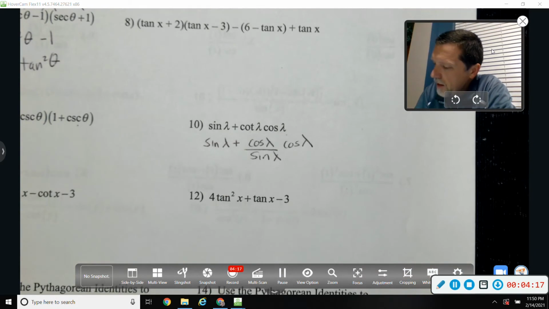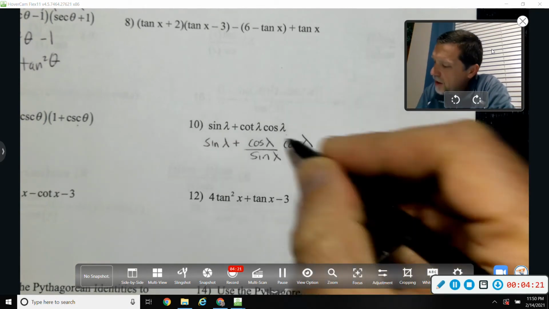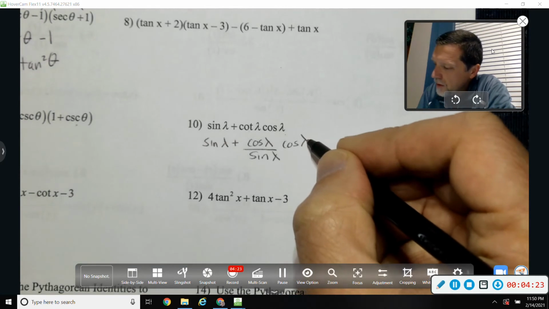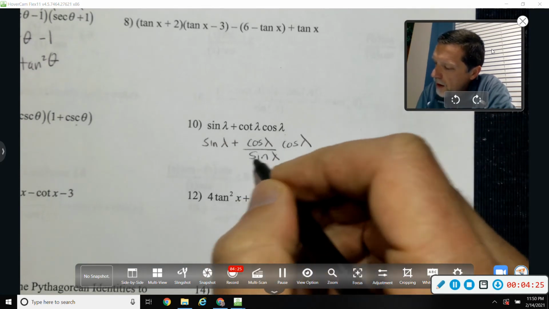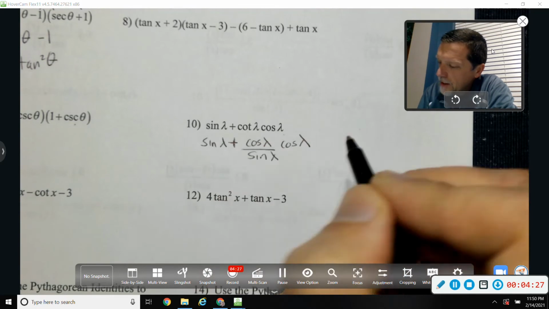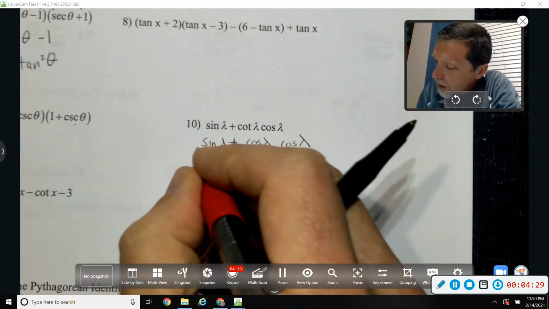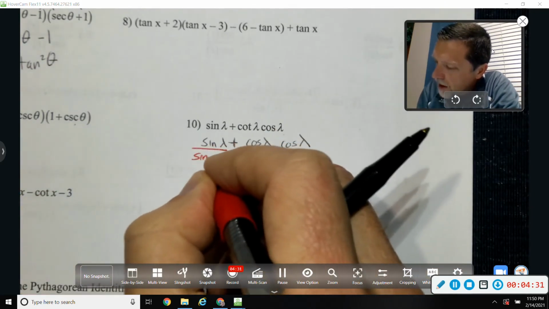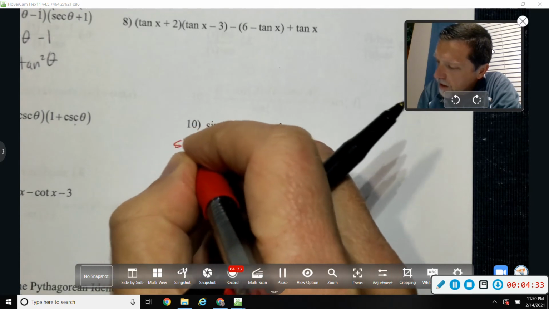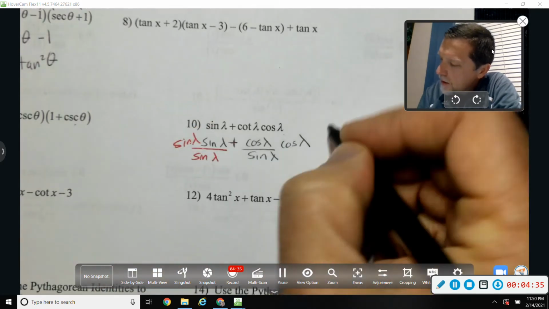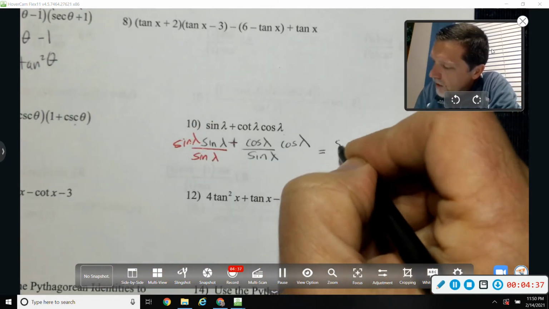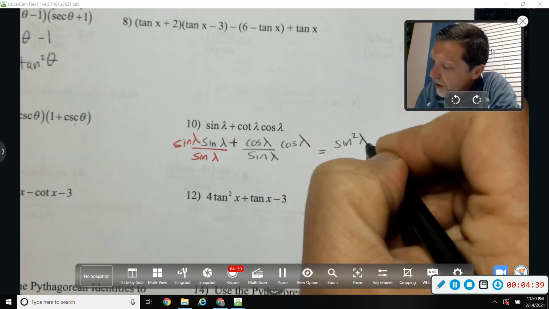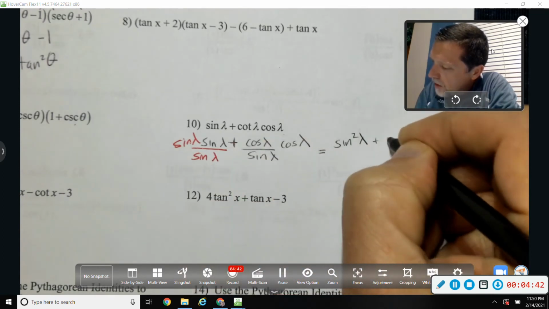Okay, that didn't help too much, but a cosine squared shows up. And if I really want to add these, I would need a common denominator. So I would need a denominator of sine, which means I need another sine at the top. So now I've got sine squared plus cosine squared.